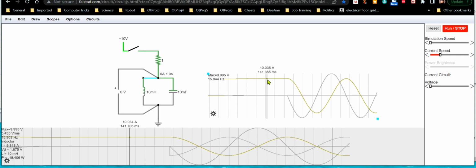Once it's gone through its transient state, this is its stable condition. It has a bunch of current flowing through it. That current flows through here and to ground.